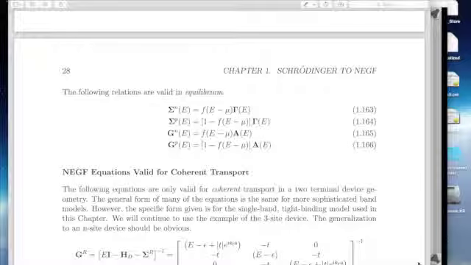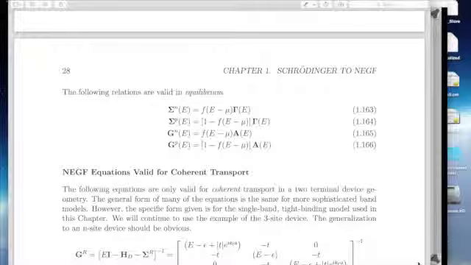Same with the hole density. To get the hole density, you weight the density of states by 1 minus the Fermi factor, which seems a pretty reasonable thing to do. And as I keep saying, the relationship between the sigmas and the gammas follows the same pattern as the relationship between the G's and the A up above.